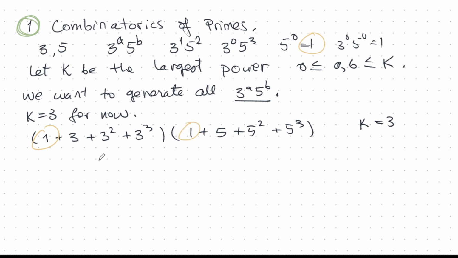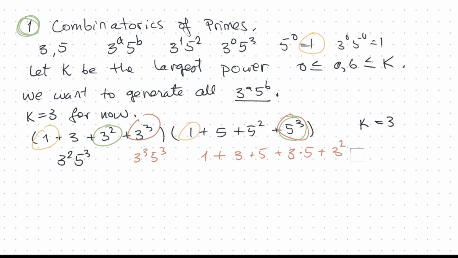And okay, let's say I want 3 power 2 times 5 cubed. Oh, well, that's easy. That's this one times this one. And the biggest one is going to be 3 power 3 times 5 cubed. So I've got them all. And it creates a sum: 1 plus 3 plus 5 plus, say, 3 times 5 plus 3 squared times 5, and so on, like that.